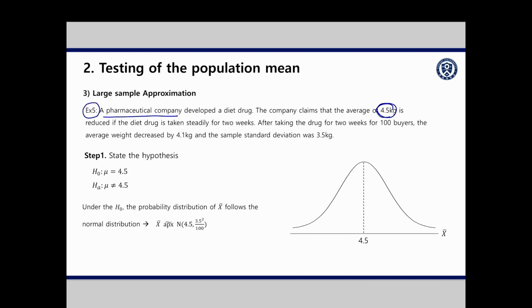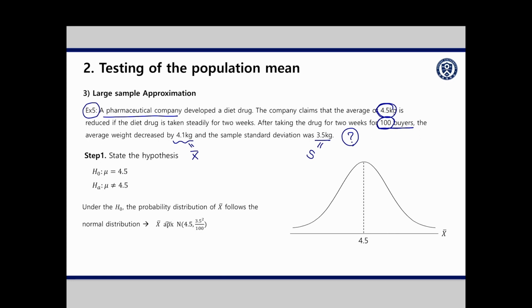However, we don't know the distribution of weight loss. Therefore, we examine the result by surveying 100 consumers. The sample mean weight loss for the 100 samples was 4.1 kilograms, with a sample standard deviation of 3.5 kilograms. In step 1, the hypotheses are as follows.